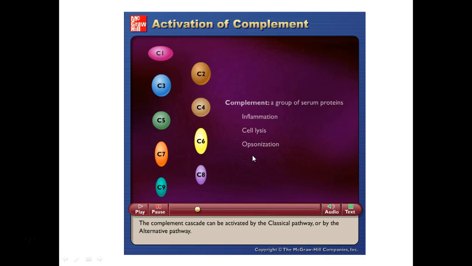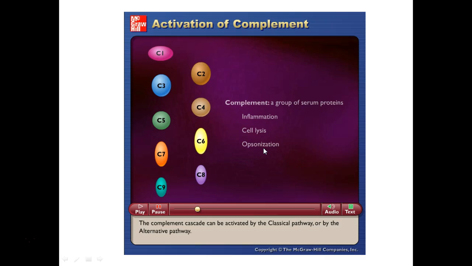So that's the important end to this story, right, is that we can directly kill them with the MAC complex. We can infiltrate the area with neutrophils and hopefully eliminate invaders. We can enhance this ability of our phagocytic cells by opsonization.